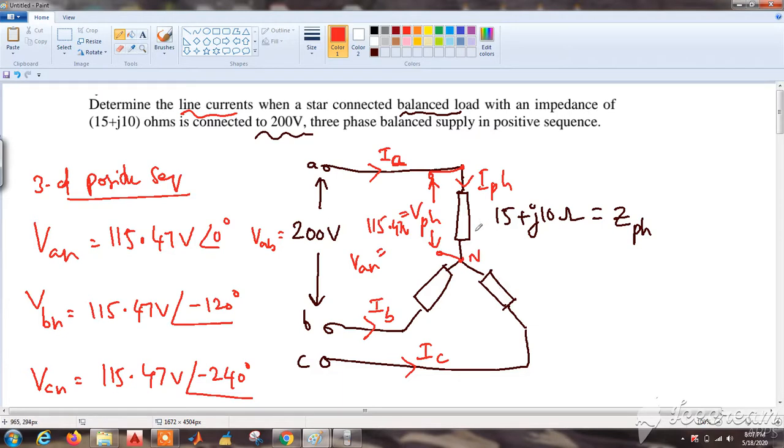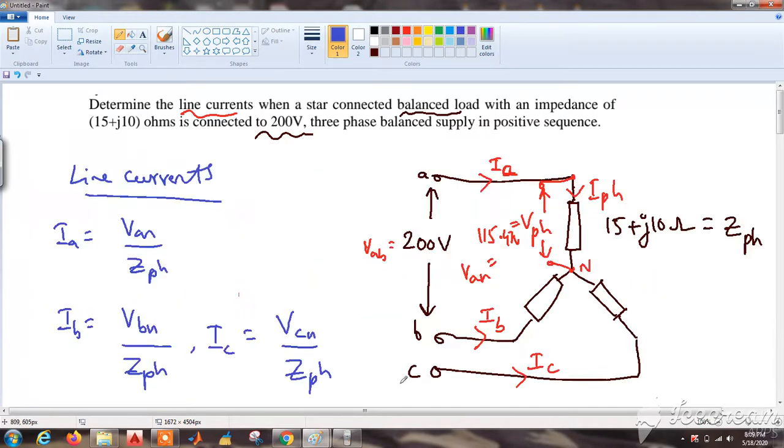By applying Ohm's law, V is equal to I into Z, so I is equal to V by Z. Therefore IA will be equal to VAN by ZPH. Phase voltage by phase impedance gives phase current, which is equal to line current, that is IA, in amperes. Similarly, IB will be equal to VBN by ZPH, and IC will be equal to VCN by ZPH.